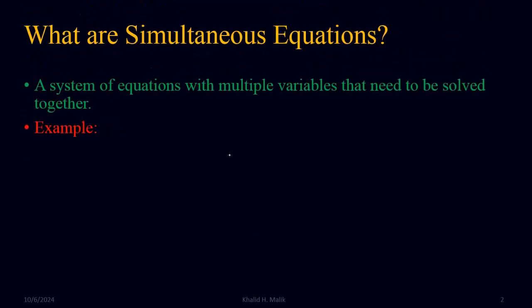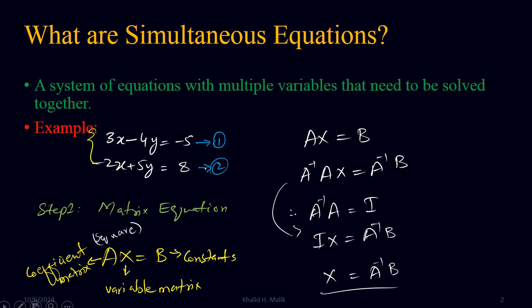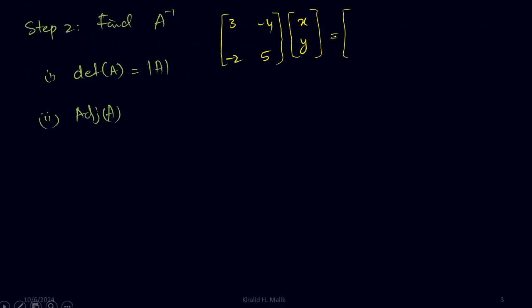In our system of equations we have -5 and 8 as constants, so we can use -5 and 8 in this matrix. So this is our final matrix equation. This square matrix represents A, this column matrix, the variable matrix, is X, and this is B.